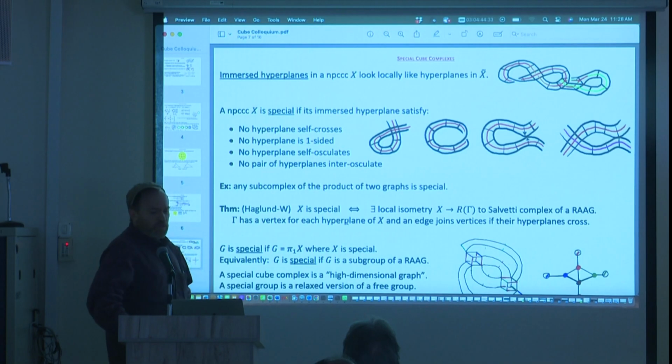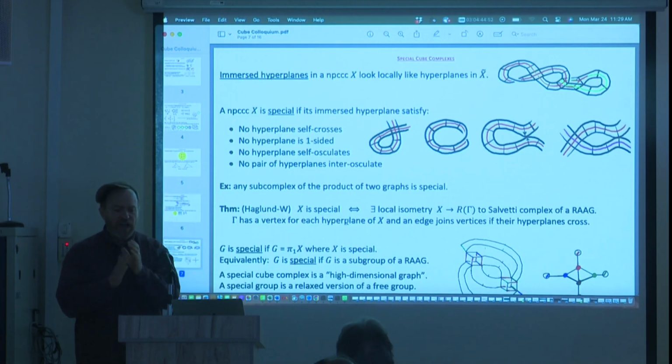So first of all, you need to know what an immersed hyperplane is. I think you'll be very quick to catch on. If you have not a CAT(0) cube complex, but a non-positively curved cube complex, and you play the same game I was telling you before, you start at a mid-cube somewhere inside, and then you wander off to the next mid-cube in nearby cubes, and you keep on wandering around.